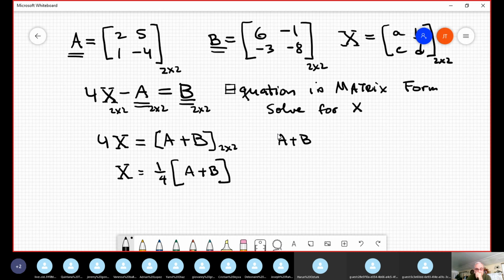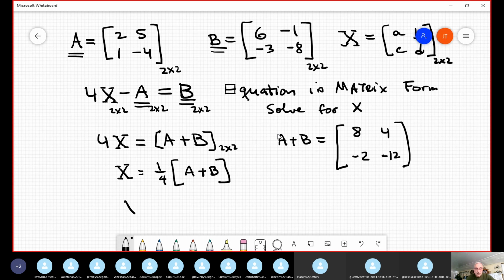A plus B is the addition of A and B. A plus B is 8. Where does this 8 come from? 2 plus 6. 5 minus 1 is 4. 1 minus 3 is negative 2. Negative 4 and negative 8 together is negative 12.